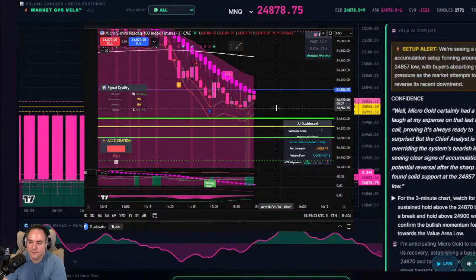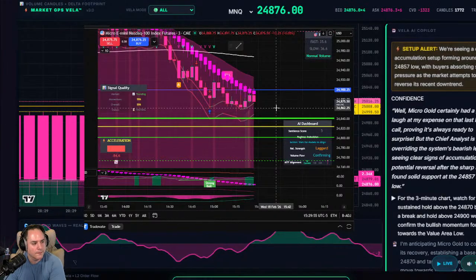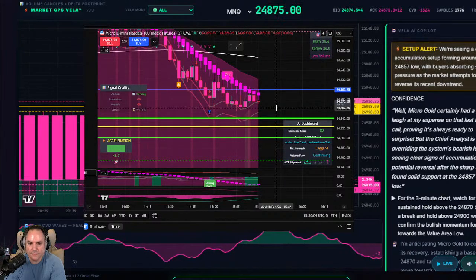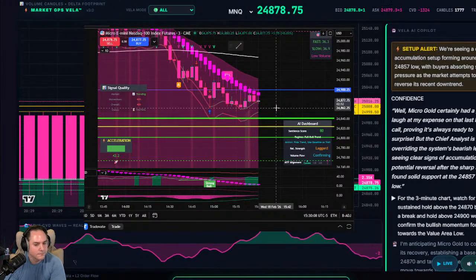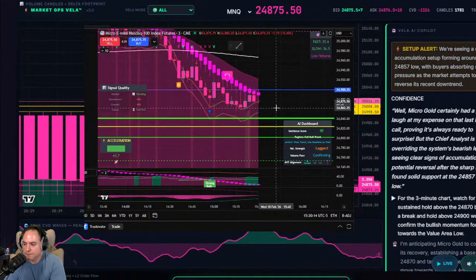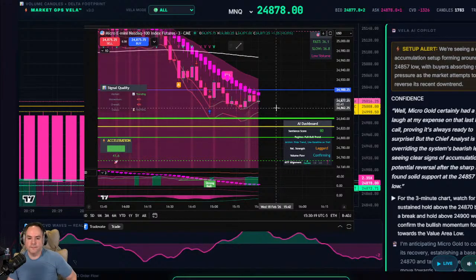Okay, the delta is back in the red. Okay, new 3-minute candle. Let's see what happens here. Delta's still in the red, so we need the buyers to come in and push this thing up if we want anything to happen here.